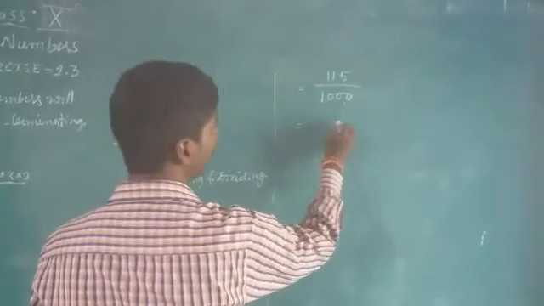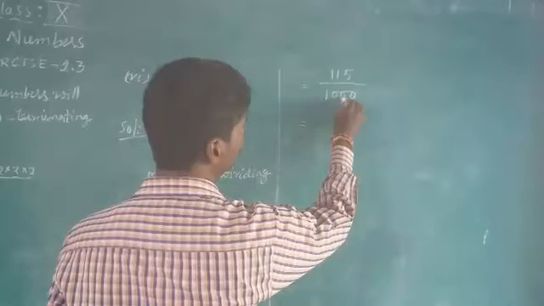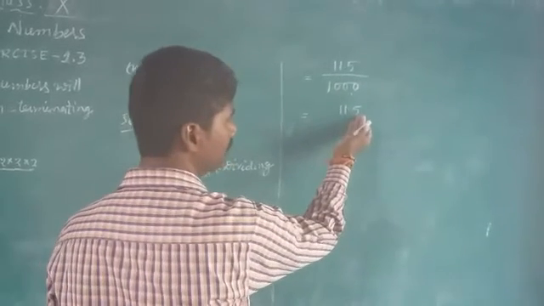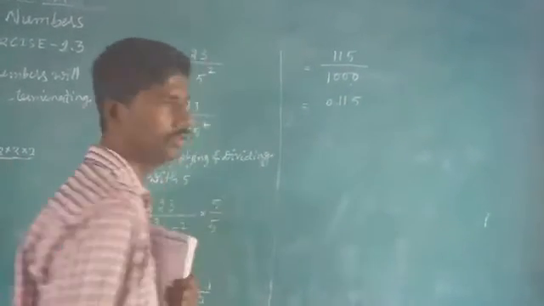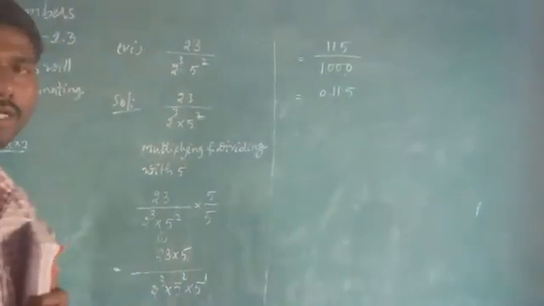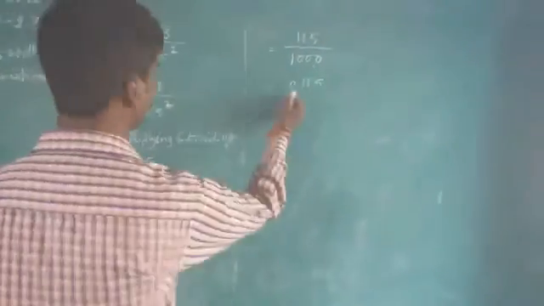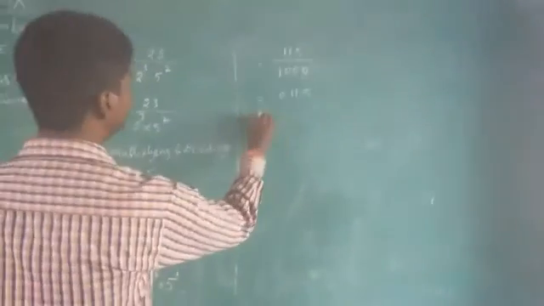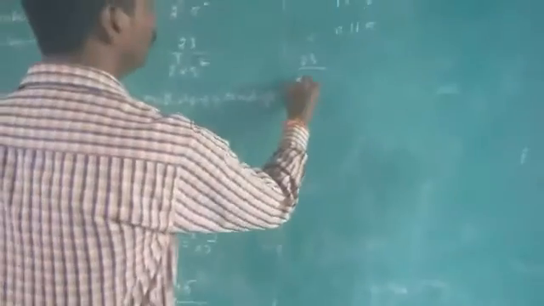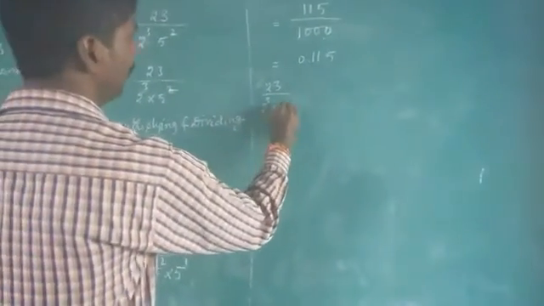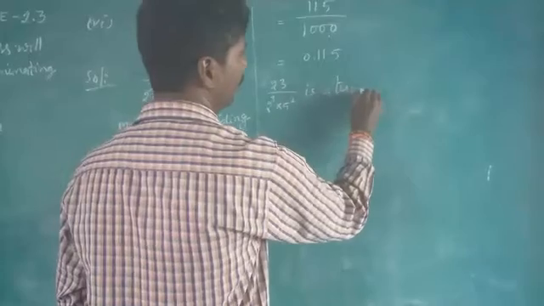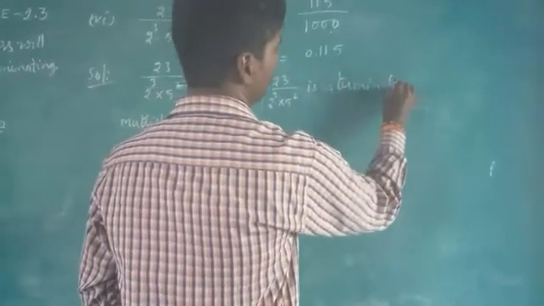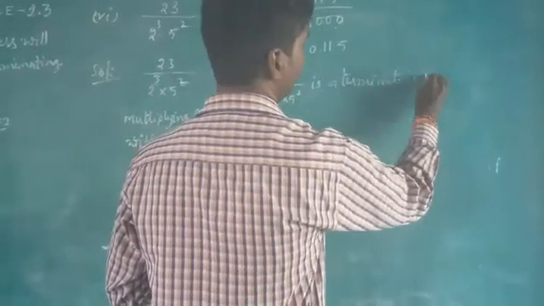So 115, here 3 zeros are there, right? You need to start counting from the unit place, 1, 2, 3, to the point of 0. So it is a terminating decimal. So you can tell that 23 by 2 to the power of 3 into 5 square is a terminating decimal.